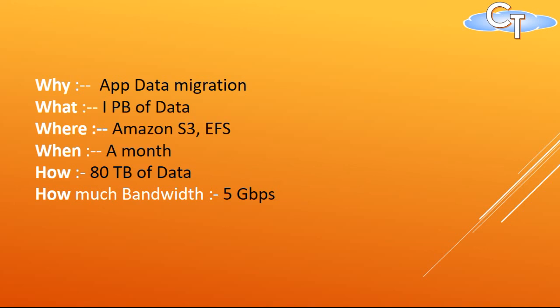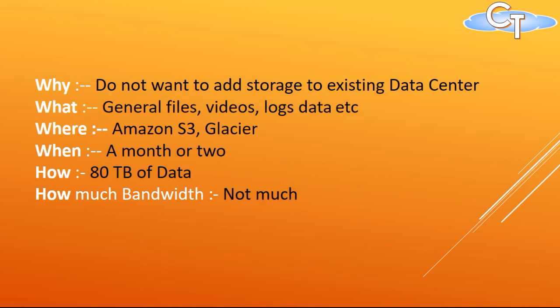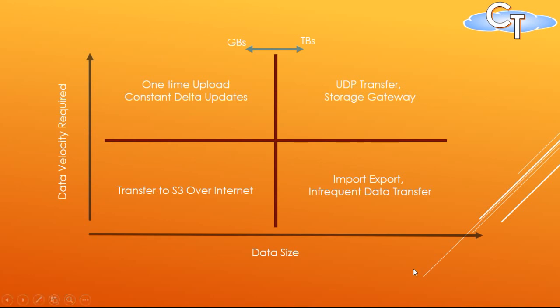Let's quickly think where this migration would fit. The customer has 5 Gbps of existing network bandwidth, around 80 TB to 1 petabyte of data, and in a month's time the customer is looking to move this.